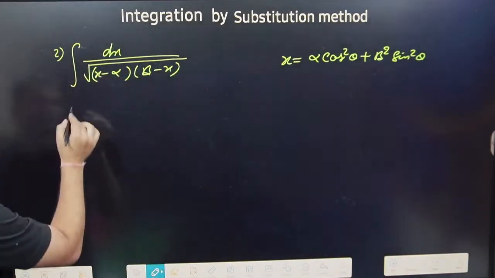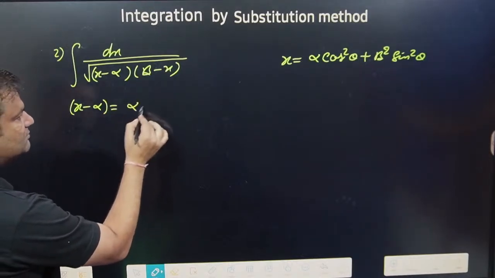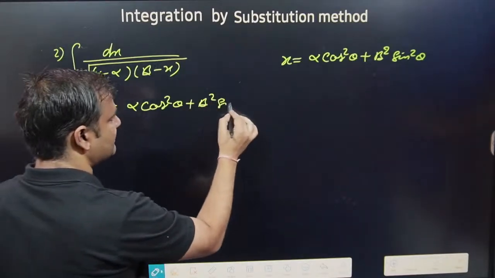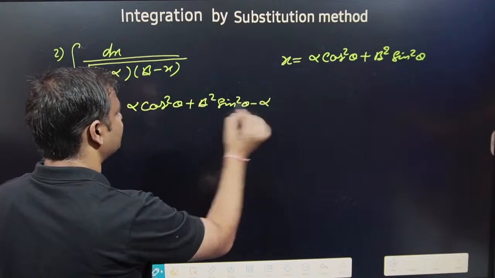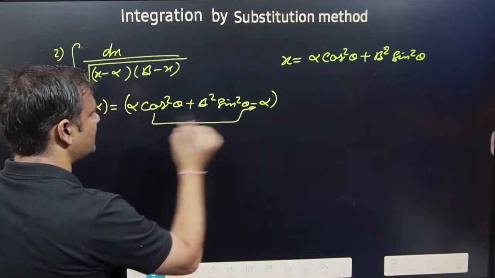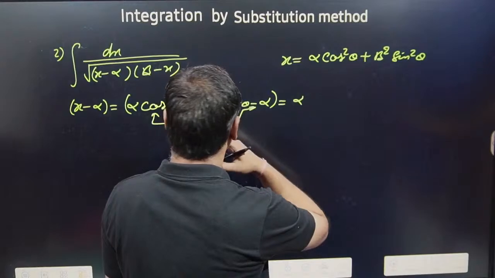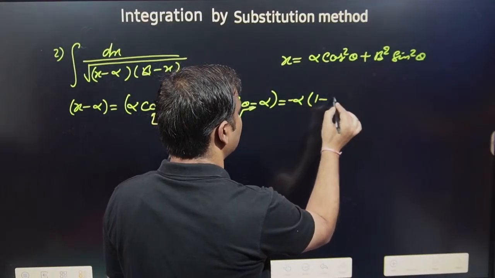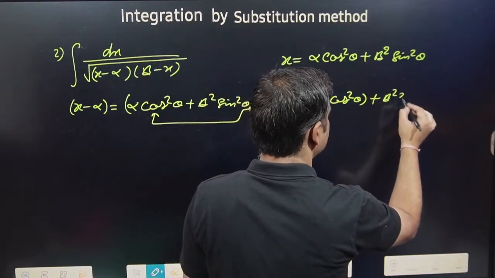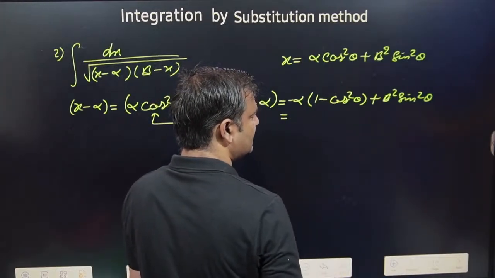Okay, so what about x minus alpha? Look here, x means alpha cos square theta plus beta sin square theta minus alpha. Okay, now look, in these two alpha is common, so minus alpha is common, then we get 1 minus cos square theta plus this one written as beta sin square theta.